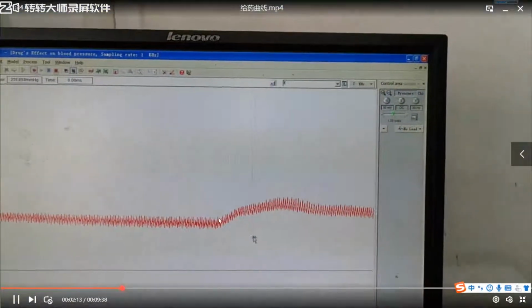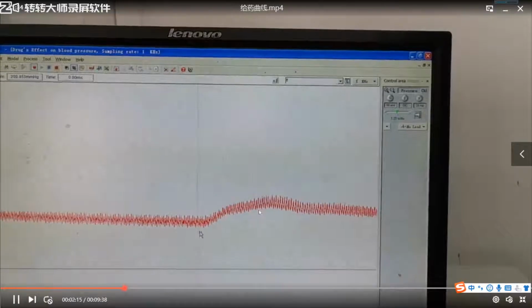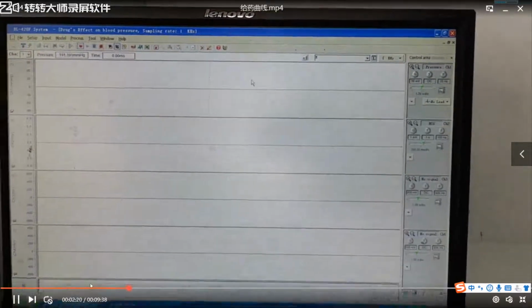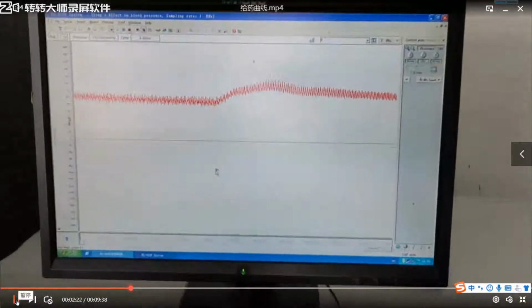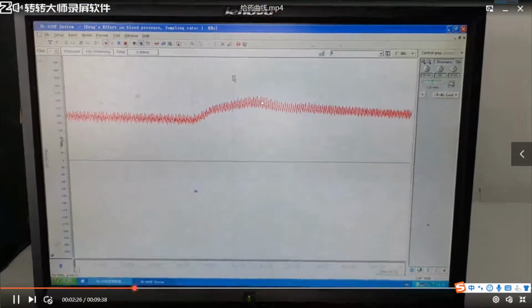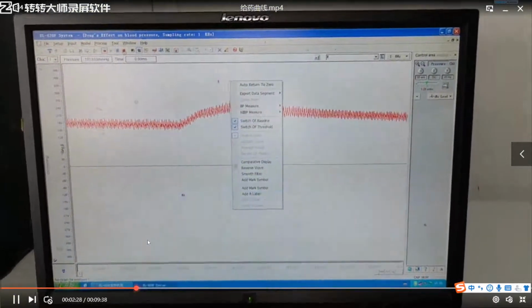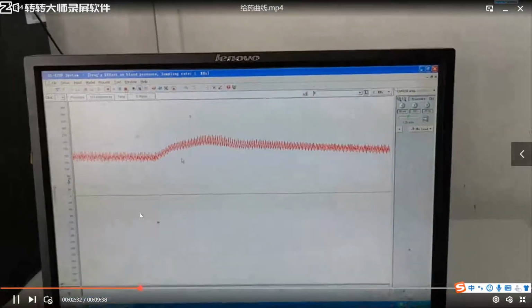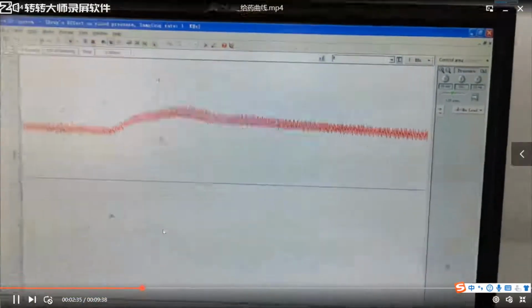In several seconds, you can find blood pressure is increased hugely. This is normal. Noradrenaline, increased blood pressure. Okay.